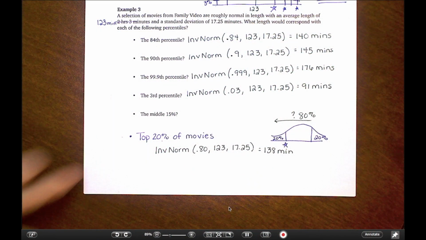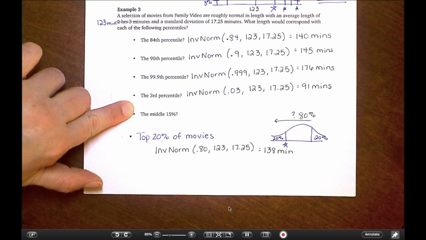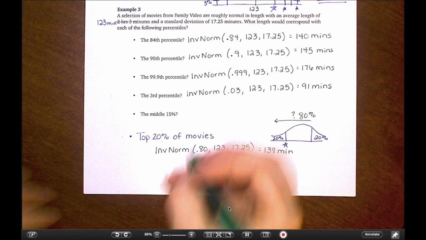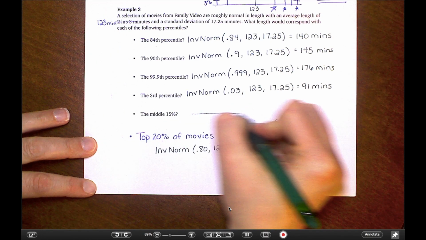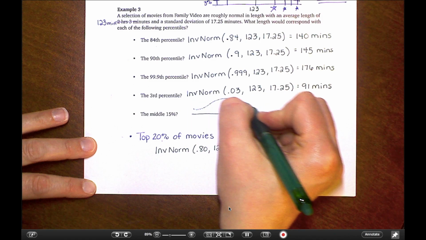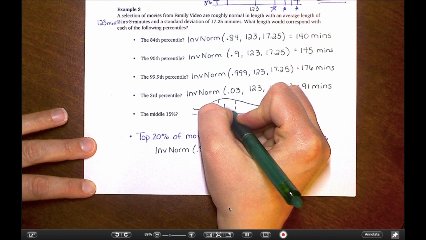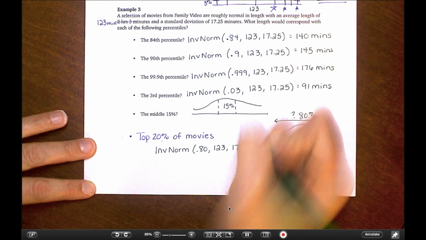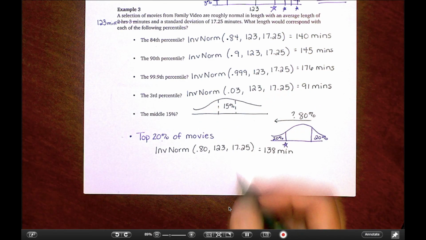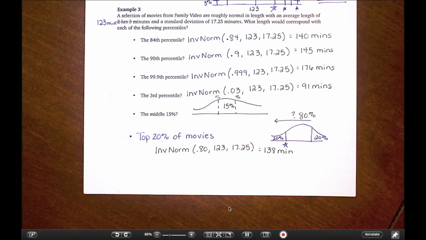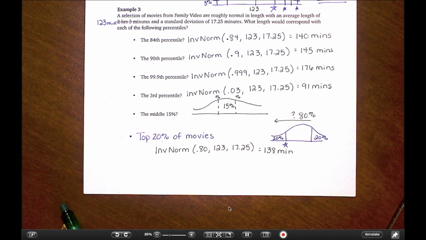So that takes us to this question, the middle 15%. What we want to do is figure out what percentage these lines would have to be at to have 15% of the data in between them. I need to know what percentage this is and what percentage this is. If we're going for the middle, we're going to start from the mean. Let me draw a diagram here for you.